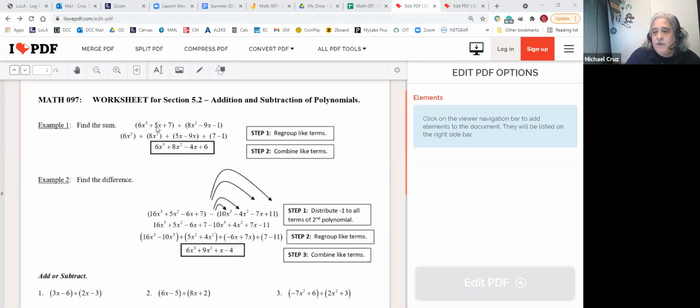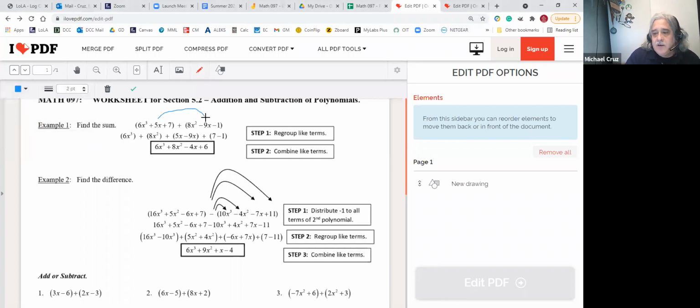Then they go over to the 5x here. Maybe I want to get my little marker. The 5x and the 9x are like terms, and so they put them together.